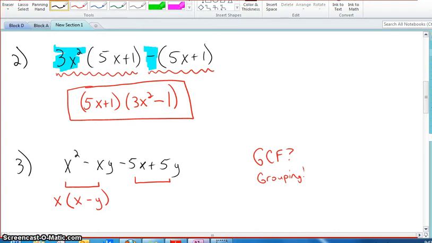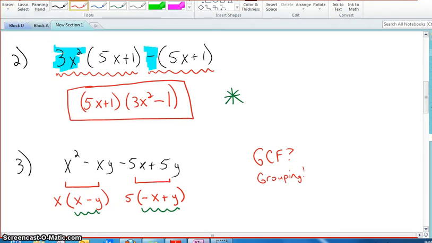So these two have a 5. So you need to make the decision, is it going to be a positive 5? If it is a positive 5, I have a negative x plus y. I want these two to be the same so we can do exactly what we did in number 2. However, they're not. So if that's the case, you've got to try changing this sign.